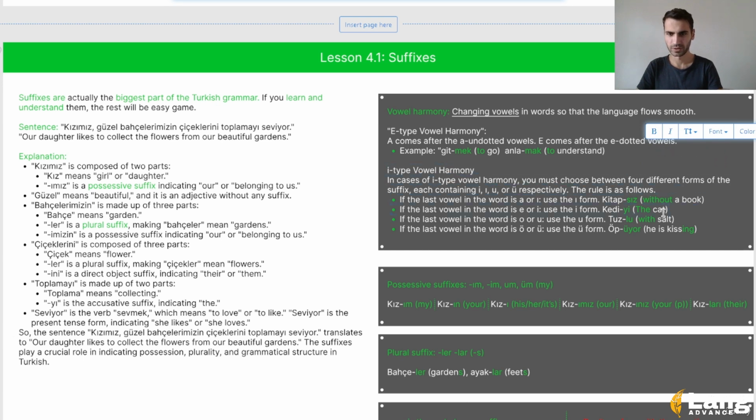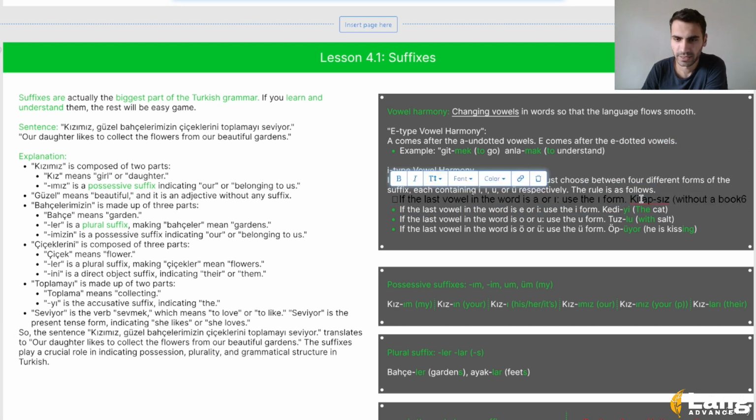And E-type vowel harmony is what we called thinner versions of vowels. For example, kitapsız, without a book.